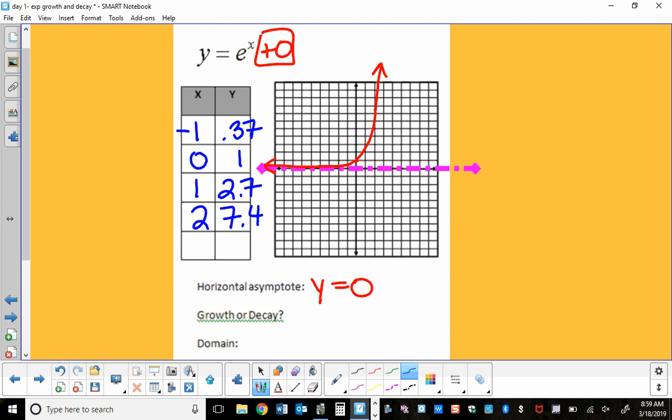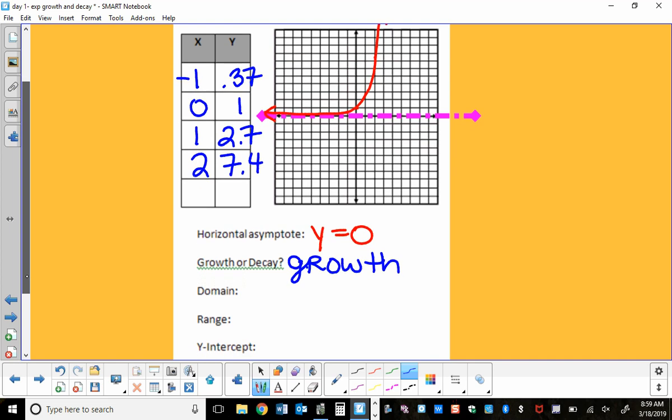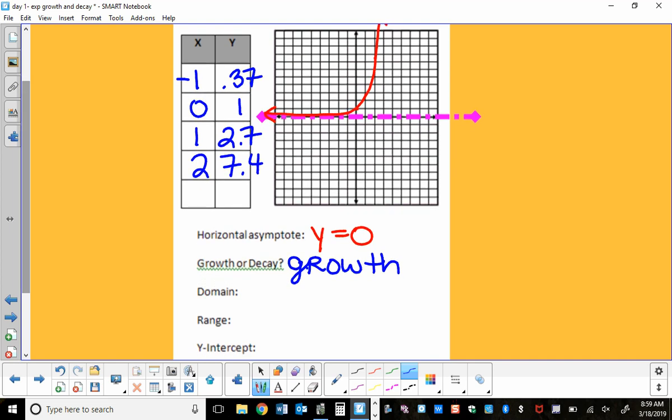Christina, growth or decay? It is a growth because it is going away from my asymptote. All right, my domain. Anybody? Negative infinity to positive infinity.